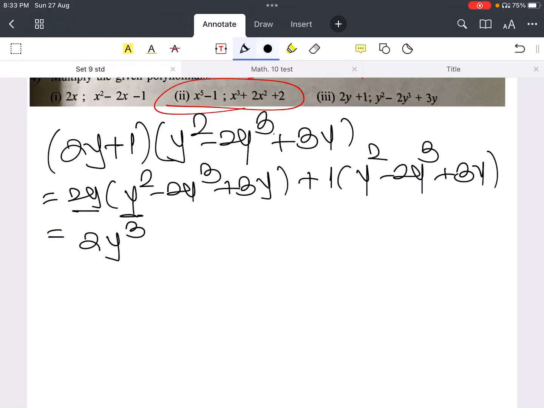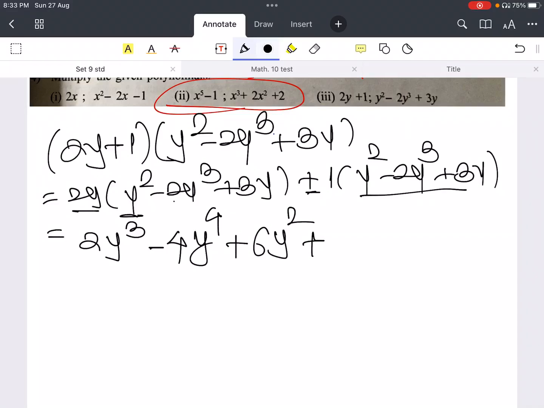Next one, minus 2 into 2, that is minus 4 y cube into y, it becomes y raised to 4, plus 3 2s are 6 y into y square. Outside the bracket plus is there, so there is no change, so write down as it is, y square minus 2y cube plus 3y.